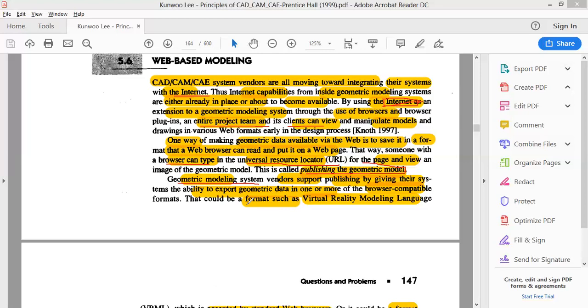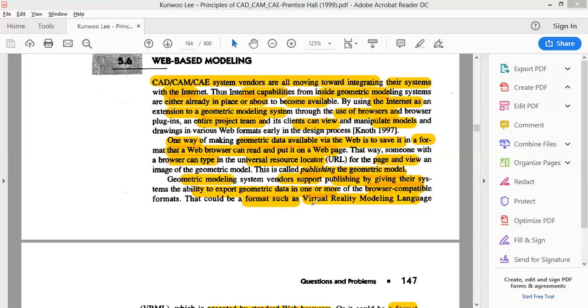So for this, they have to have a common format that is acceptable by the internet, as well as which can be downloaded from the internet and can be used again on a CAD software or a CAM software. So a particular file format is required.